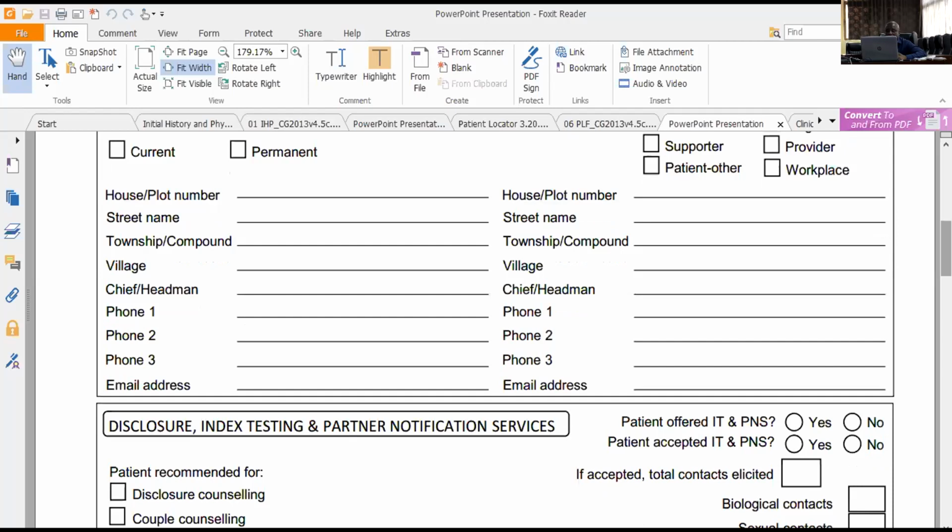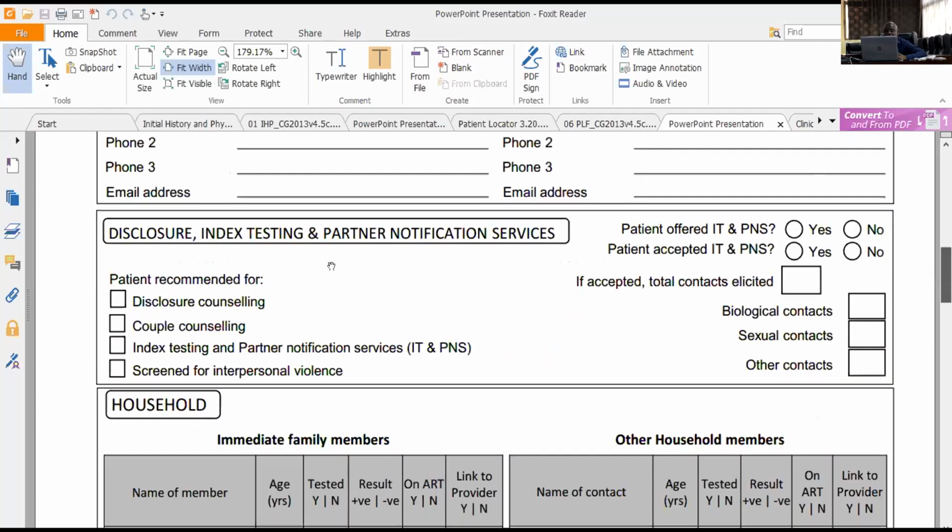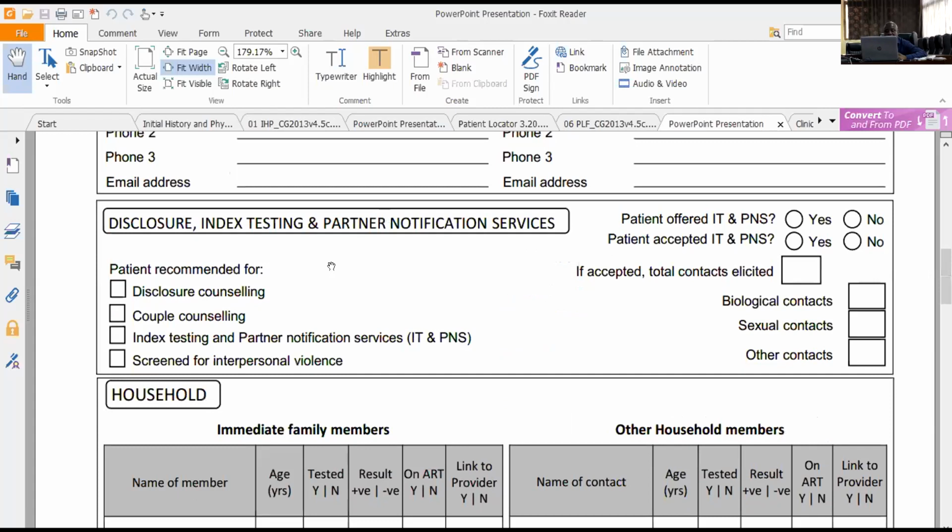Then now, the other part of importance is the disclosure, index testing, and partner notification services. So you have to recommend the patient for either disclosure, for couple counseling, or for index testing and partner notification services, which is IT and PNS, and then you screen for interpersonal violence.